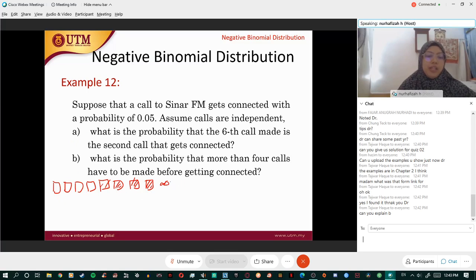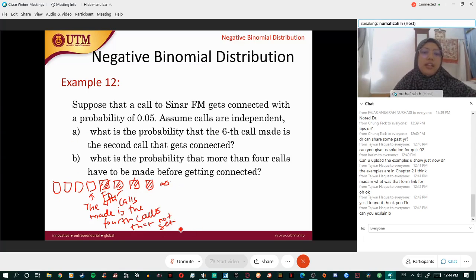So that means the 4th call made is the 4th call that does not get connected.